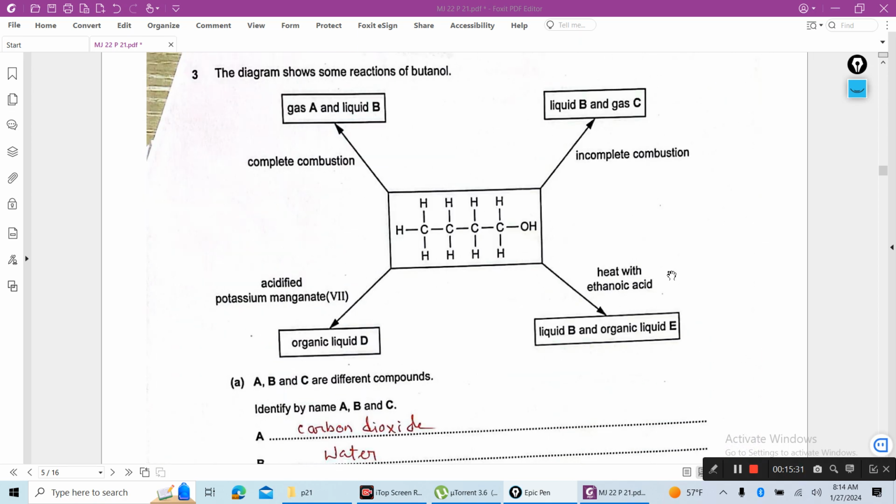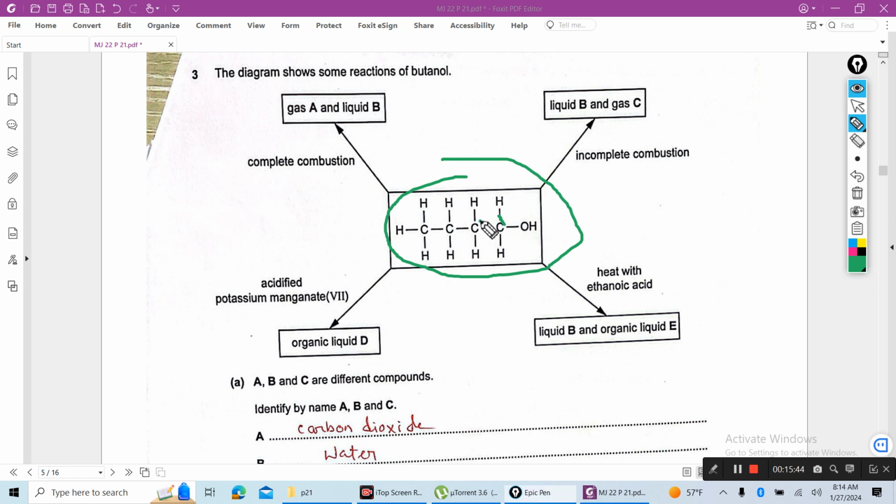Number 3. This is from organic chemistry. This is an alcohol. 1, 2, 3, 4.